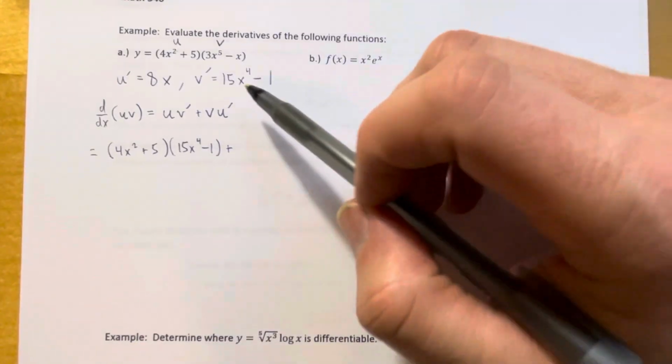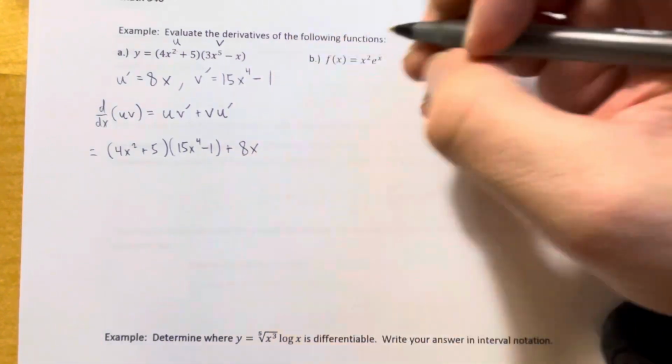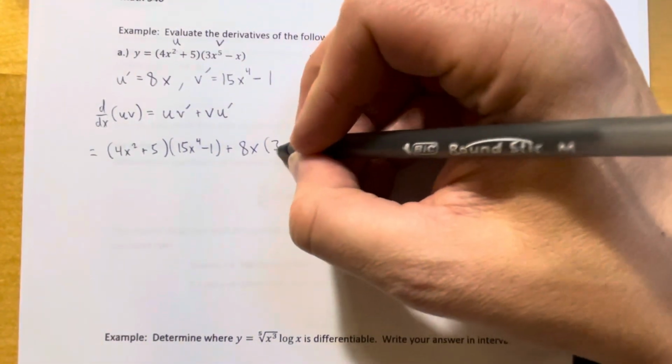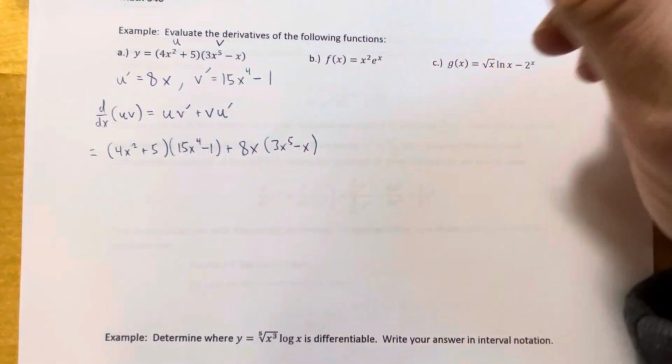The reason I'm saying that is because I actually would like to put u prime first. I'll explain why in a second, but u prime is 8x, v is 3x to the 5th minus x. Okay?